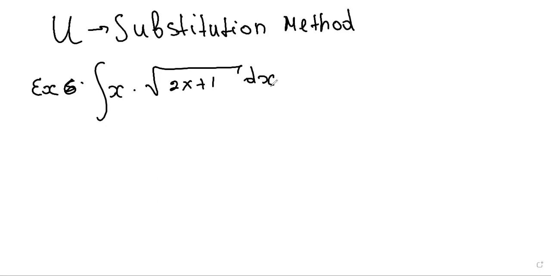Okay, if you watched all the videos, you can immediately think that we can substitute 2x plus 1 as u, and du divided by dx will be 2. So far it is good that dx is equal to du divided by 2.